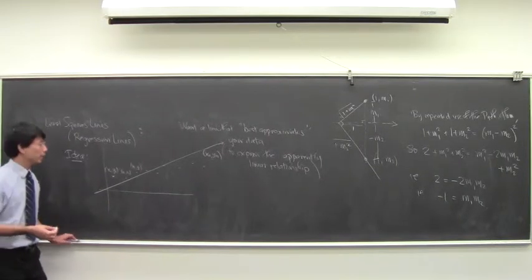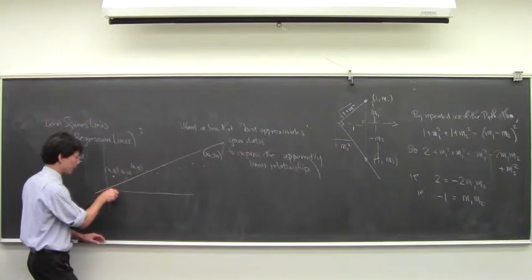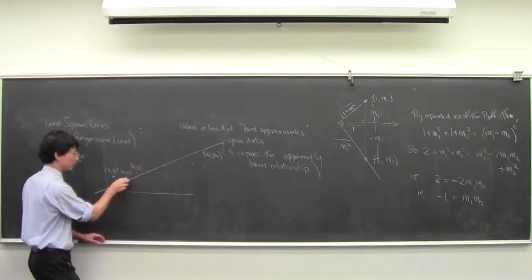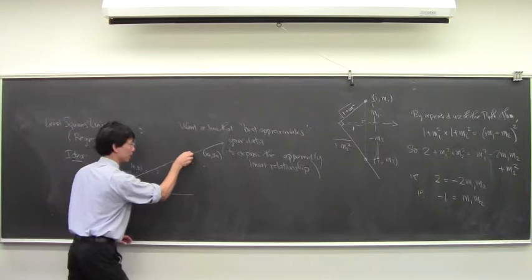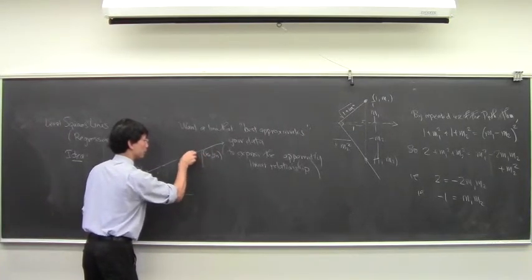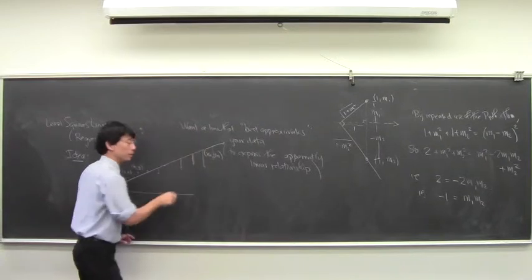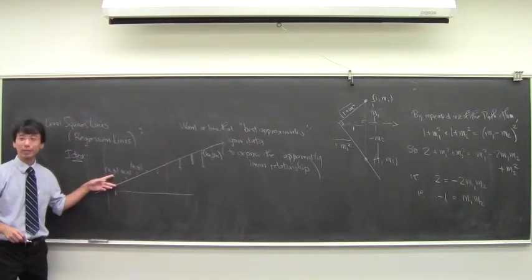At each x, you drop a perpendicular to the line, up to the line, like this. These lengths are basically how wrong your line is.